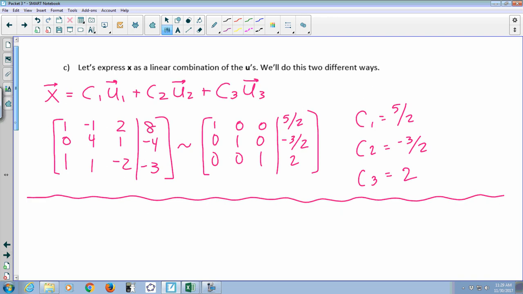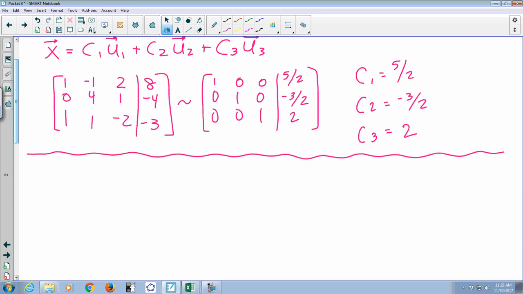So my special formula is, if I want to know my weights, there's a formula for c sub j for any particular weight you're looking for. It is x dotted with u sub j over u sub j dotted with u sub j. And that'll give you the weight, right? So if I want C1, I would do x dotted with u1 over u1 dot u1.